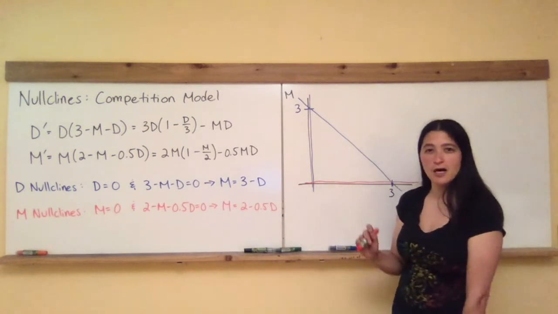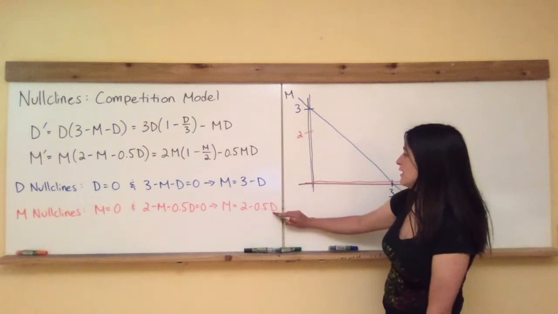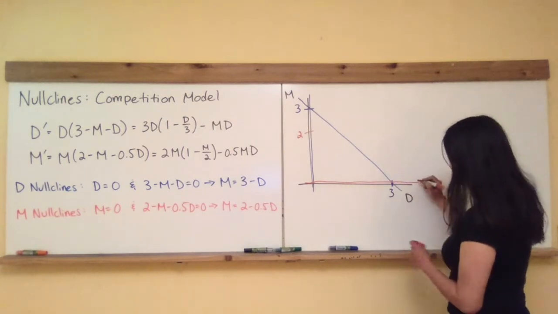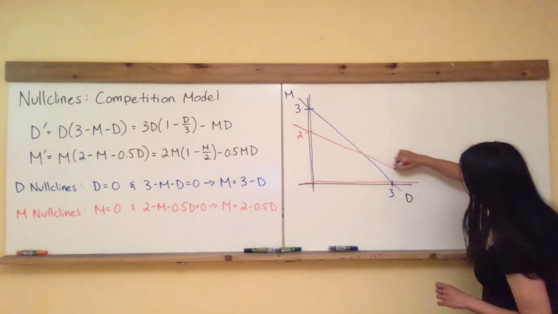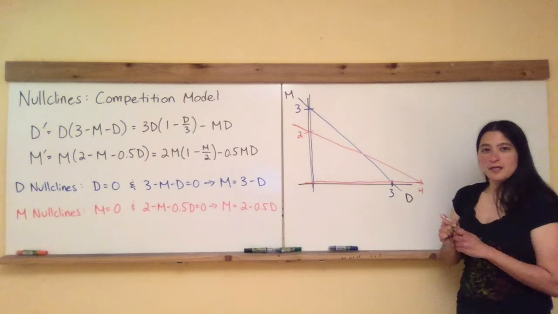Okay, and so that's a line with a y-intercept of 2 there, and then it has a slope of negative 0.5, which means that I didn't give myself enough room. It's going to go all the way over here and intersect the x-axis right here at 4. Okay, great.